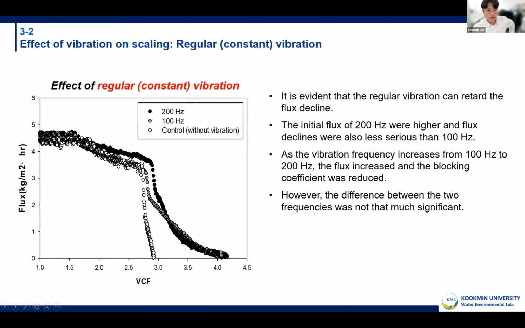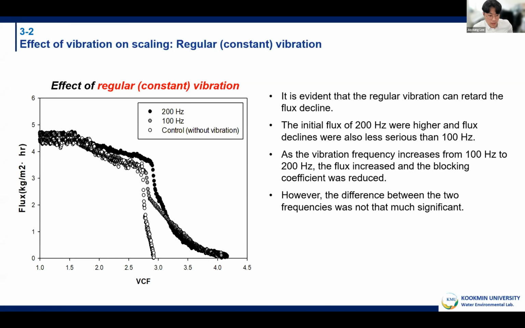And to mitigate flux decline due to scale formation, we first applied regular vibration to the DCMD module. The vibration frequencies were 100 and 200 Hz, respectively. The results are shown in this figure. It is evident that regular vibration can retard the flux decline.